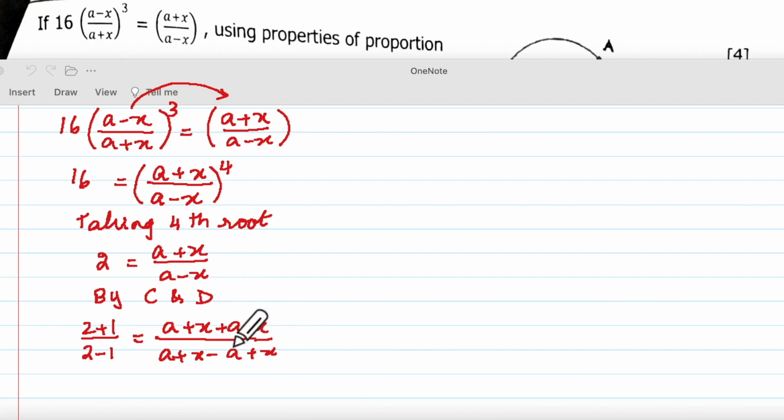Now make sure that you take componendo dividendo, because see what they are saying, using the properties of proportion. You could have cross multiplied this also, but if you cross multiply you will get a 0.